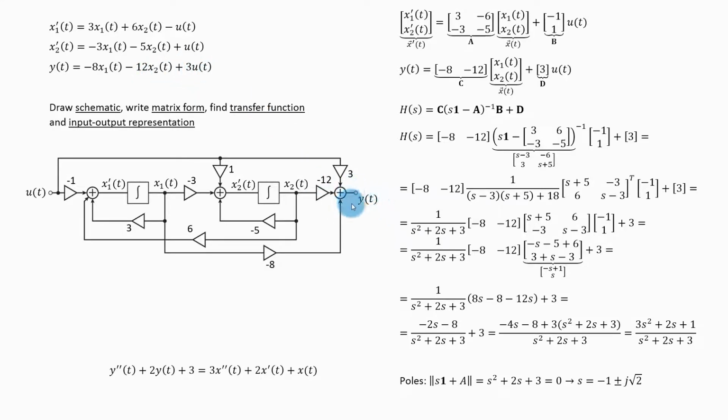The output is minus 8 times x1 plus minus 12 times x2 plus 3 times the input. So this is your schematic, your block diagram.